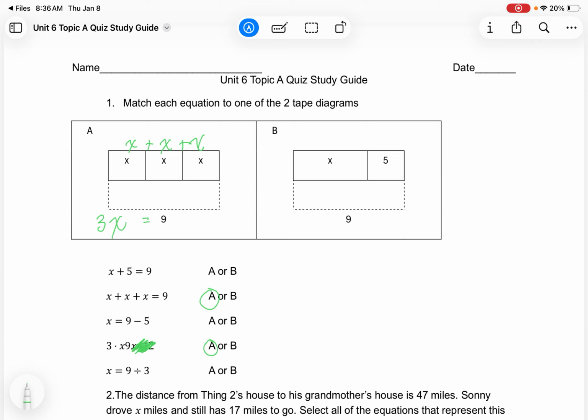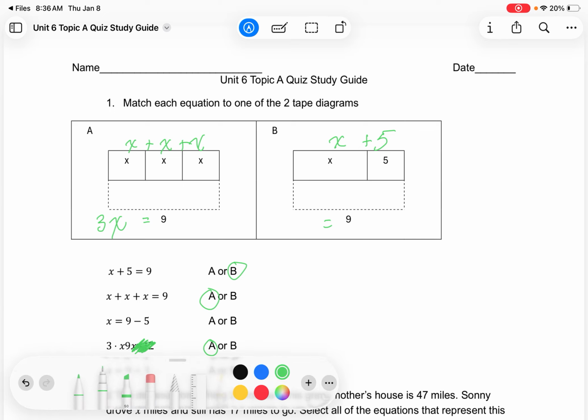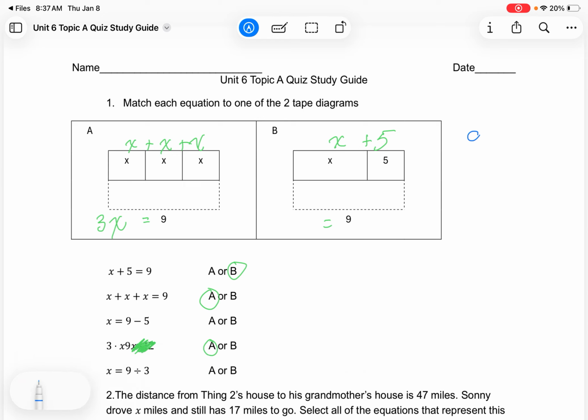Now, over here, we have x plus 5 equals 9. Well, that's B. Now, to figure this one out, to solve B, we would do 9 minus 5 to get x. Well, that's this one.